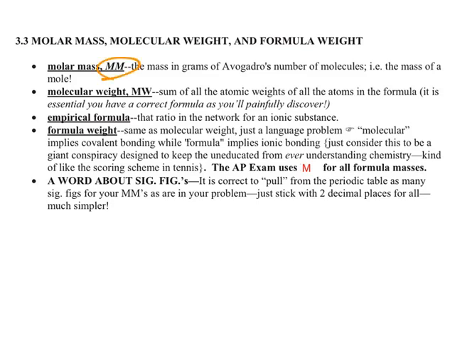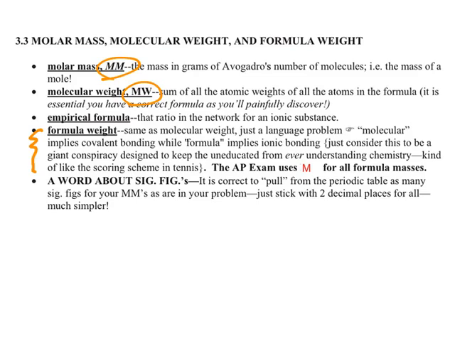They can be represented in different ways. Two big M's sometimes for molar mass, MW for molecular weight, and that's typically talking about things that are molecular, meaning covalent, and so you can see a description of that down here. As opposed to formula weight, which is typically for ionic compounds.